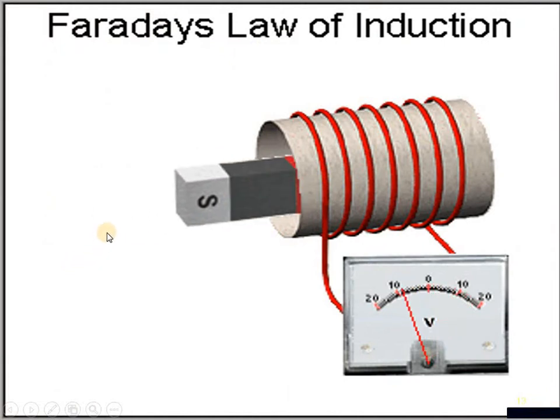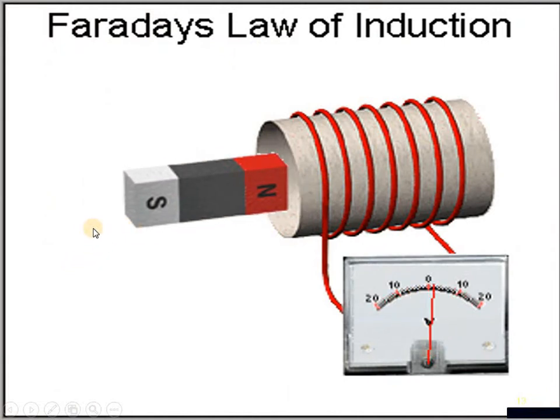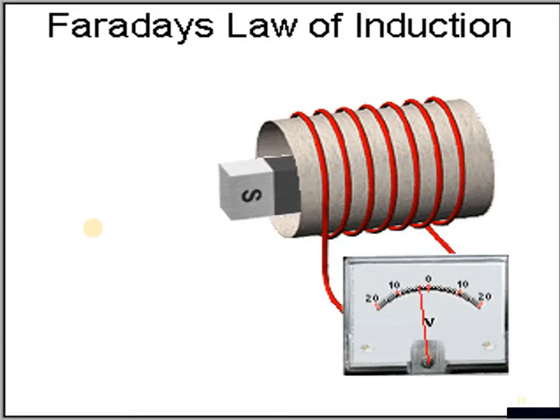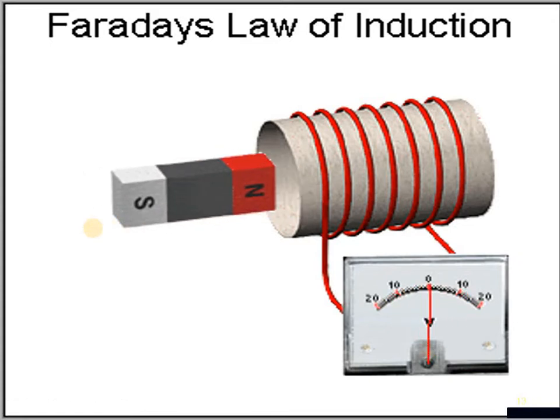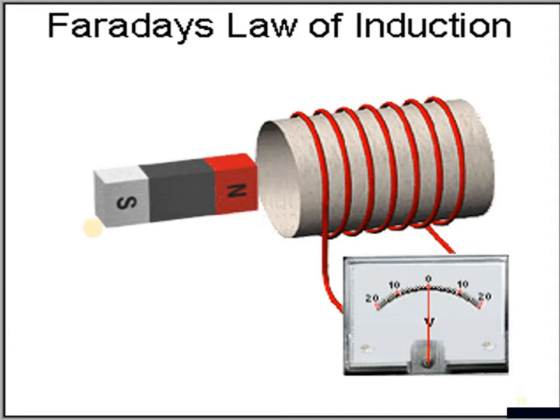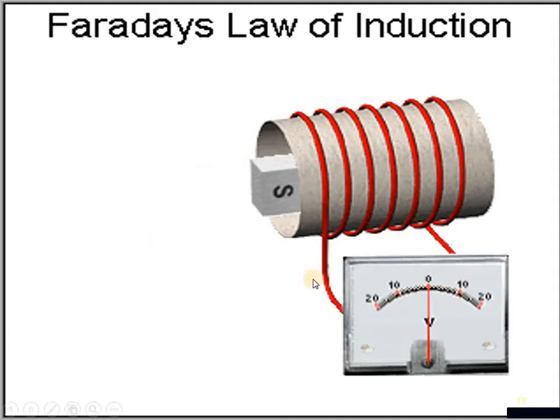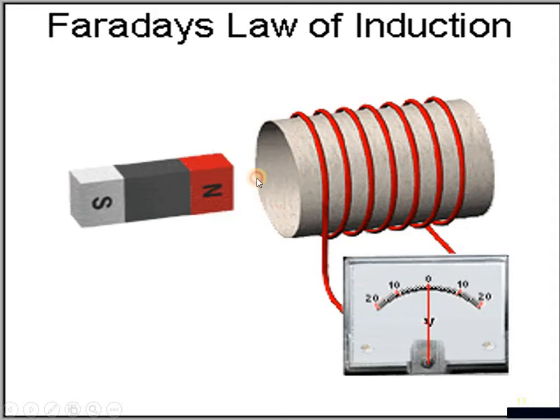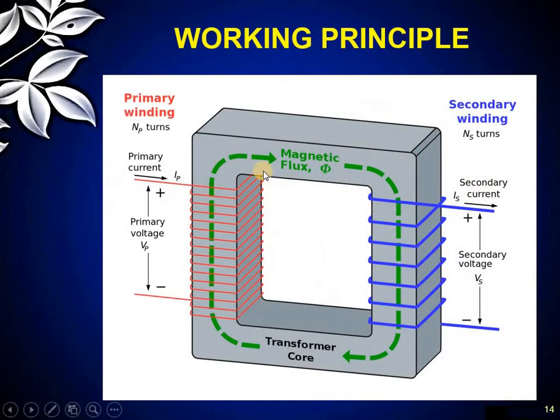For a good grip on mutual induction, we need to study Faraday's law of mutual induction. If we have a coil and we move a permanent magnet in or out rapidly, it is displayed on the voltmeter.